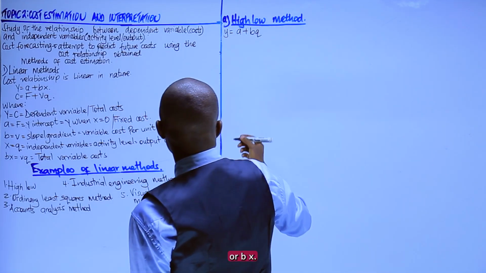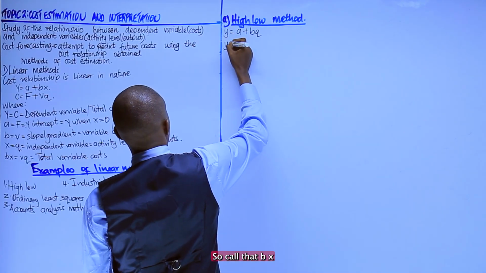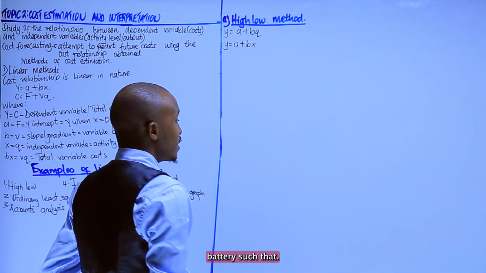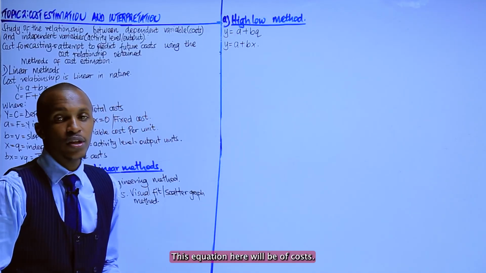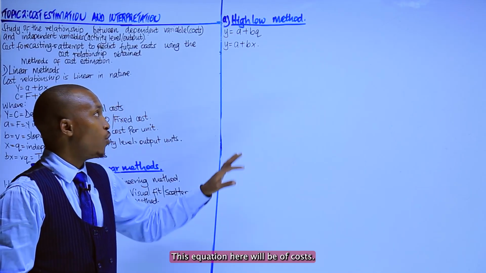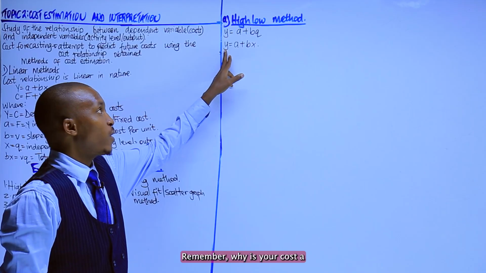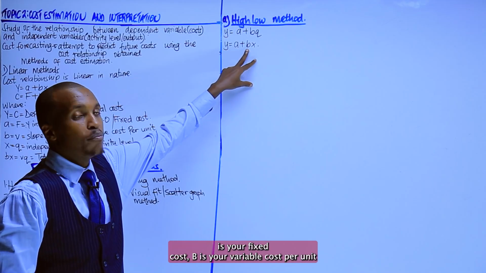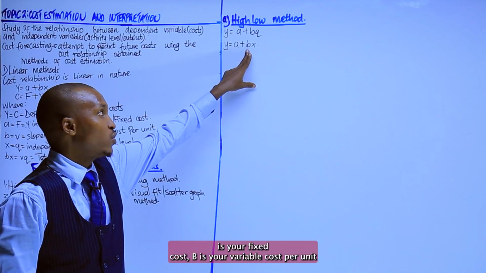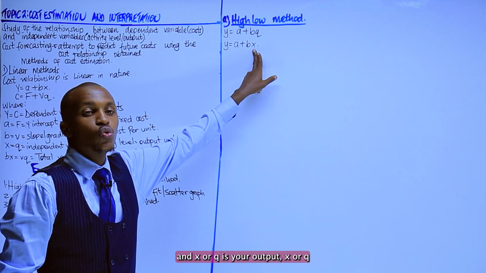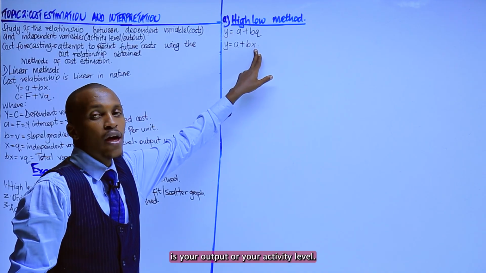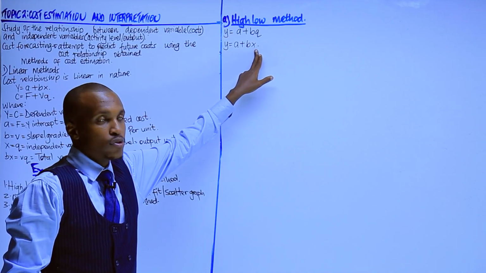or bx if you so wish to call it, such that this equation will be of costs. Remember, y is your cost, a is your fixed cost, b is your variable cost per unit, and x or q is your output, or your activity level.